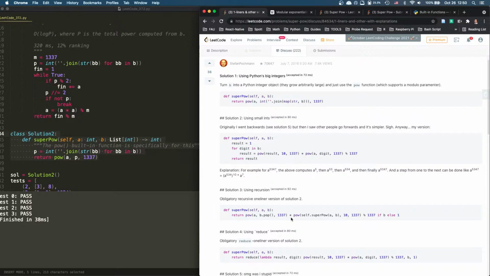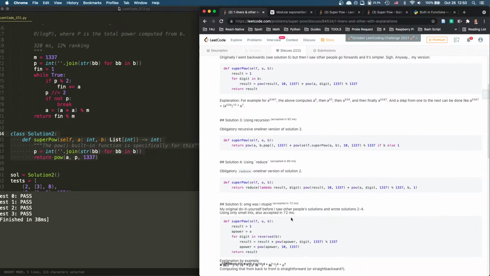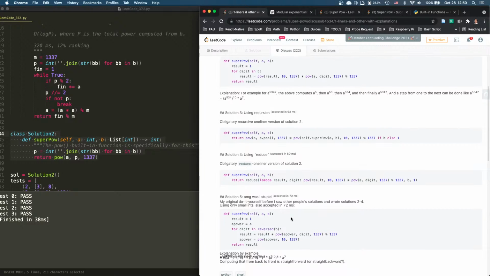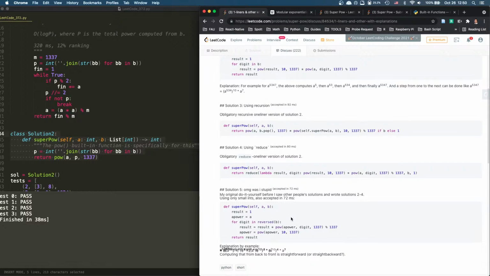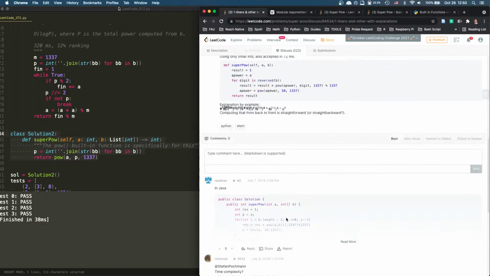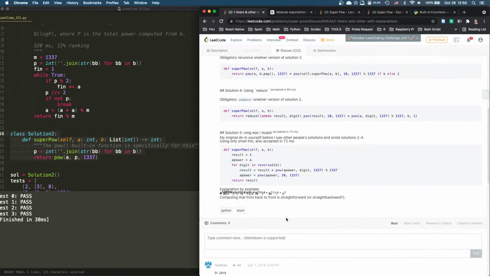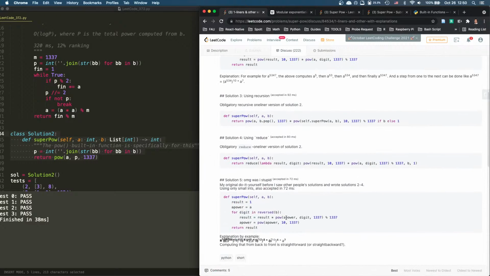The recursion. What the heck is this thing? Alright, anyway, I think I'm going to have to take some time to read through this.